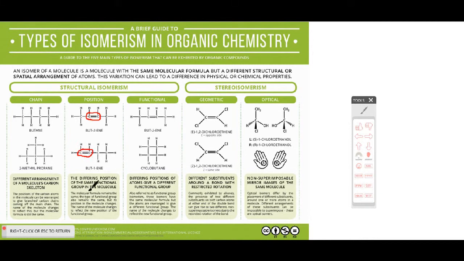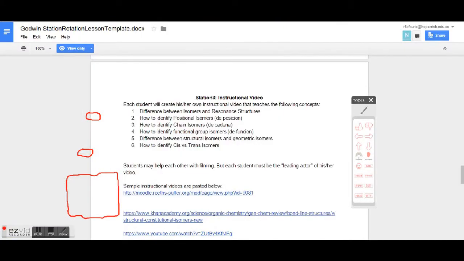There's no resonance in the structure, so when you change the double bond, it changes the whole thing. It is now a different thing, and the different position of the same functional group turns it into a different molecule. It makes something else.